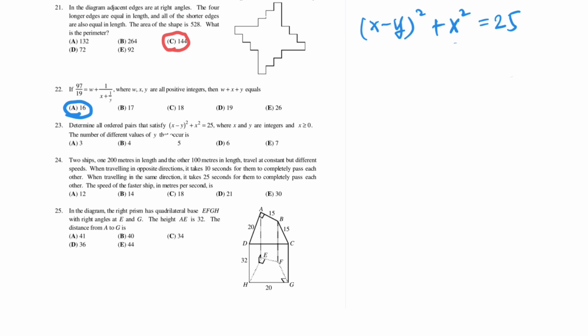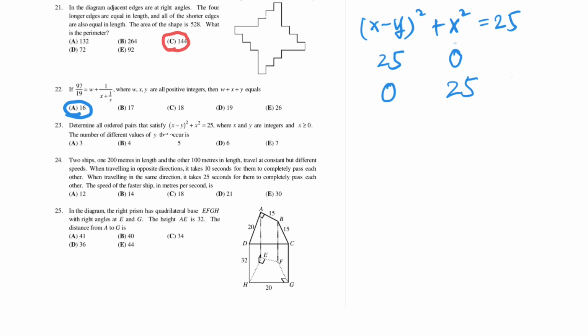We start with x. If x squared is 0, then (x minus y) squared is 25. And also, if (x minus y) squared is 0, x squared is 25.